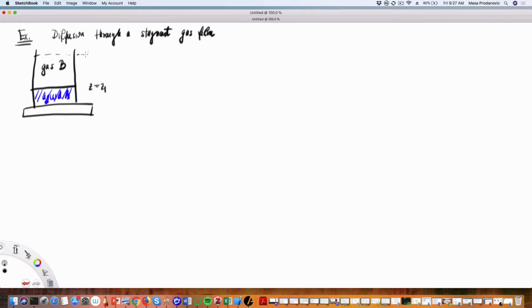This line is Z equal to Z2. And since the bottom is liquid, I have vapor of that liquid diffusing upwards. Okay? So my writing has a shift, my precision is affected. Oh well. So vapor of A diffuses through.